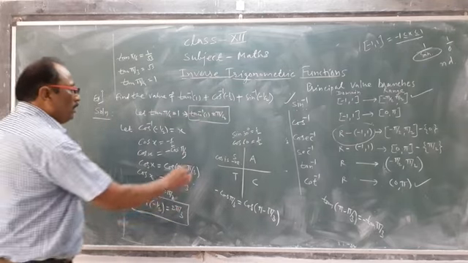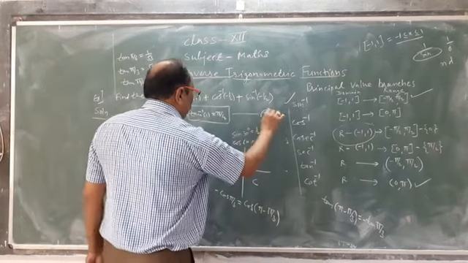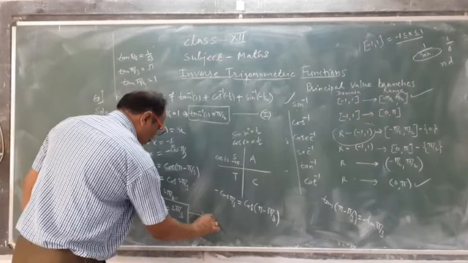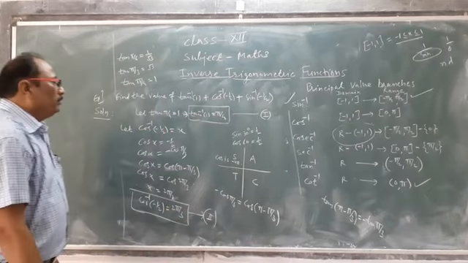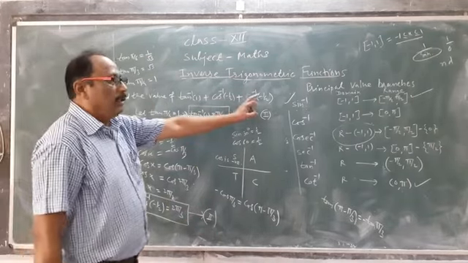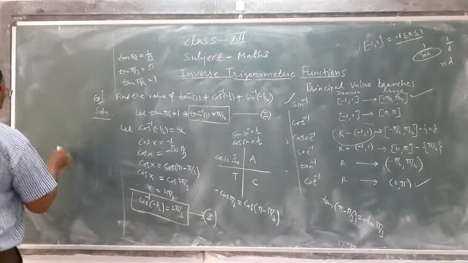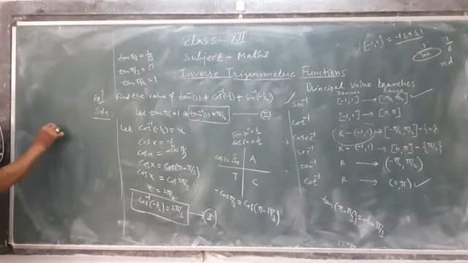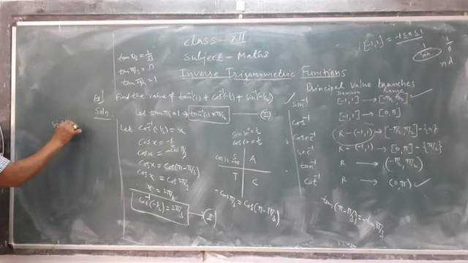Number 1, number 2. Third one, sin inverse of minus 1 by 2. Suppose sin inverse of minus 1 by 2 is equal to y.